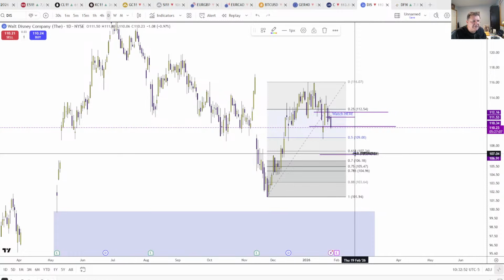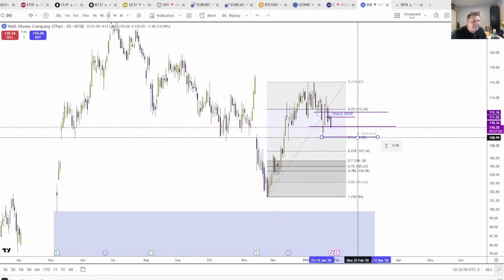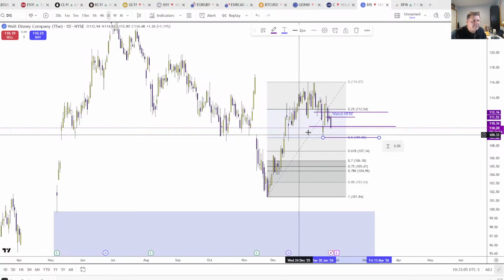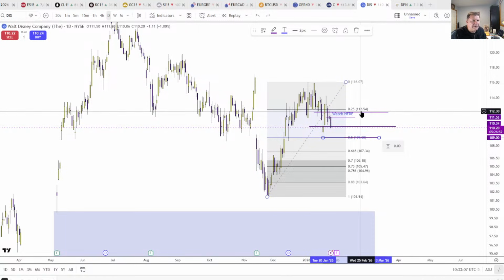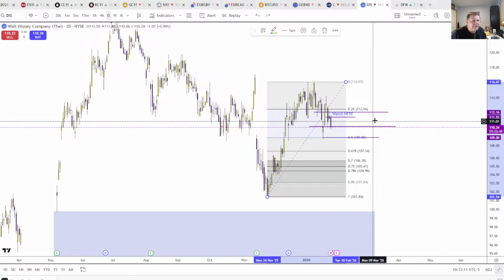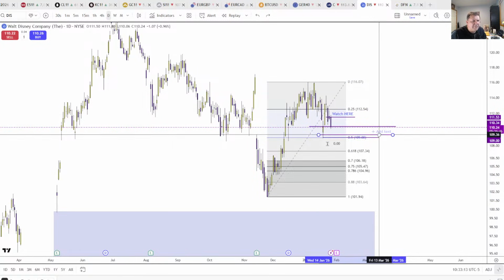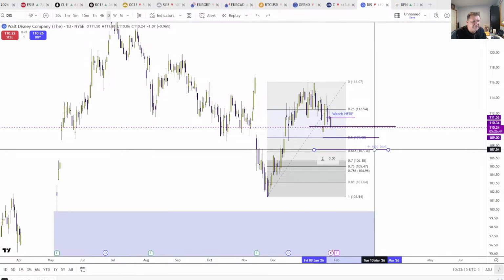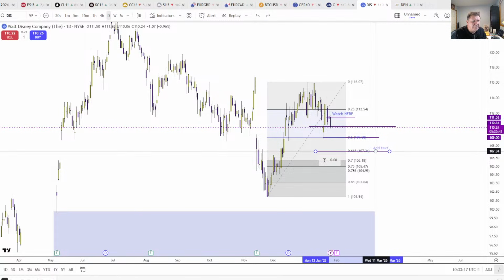Oh, there's 50% there. So this is our next little retest. All right. And then we're going to take this guy here. And we're going to go 62% right there.